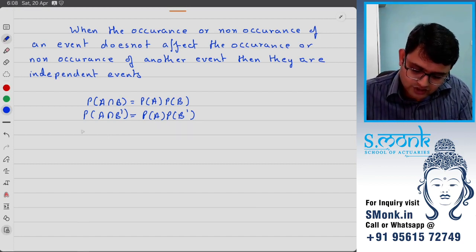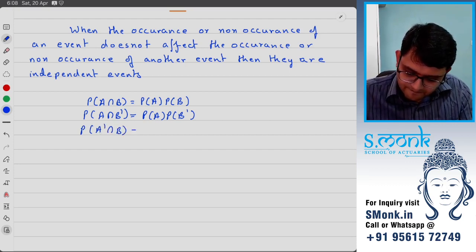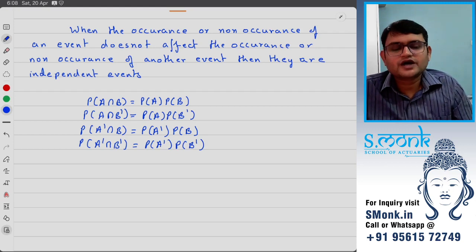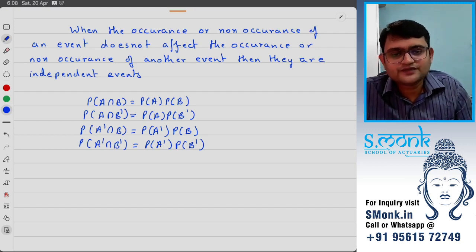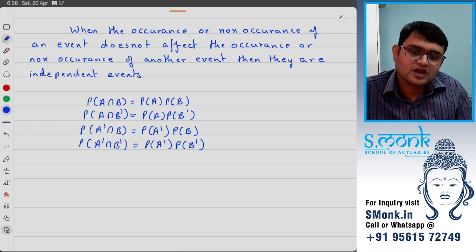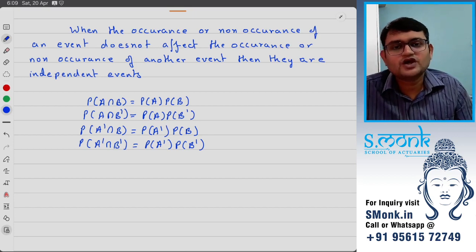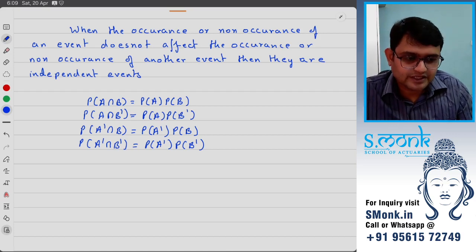So I can use all such combinations. So occurrence of A is not affecting occurrence of B. Occurrence of A is not affecting non-occurrence of B. Non-occurrence of A is not affecting occurrence of B, and non-occurrence of A is not affecting non-occurrence of B.